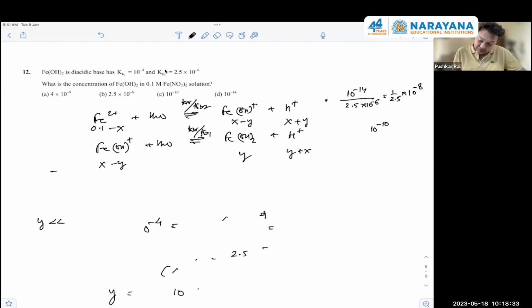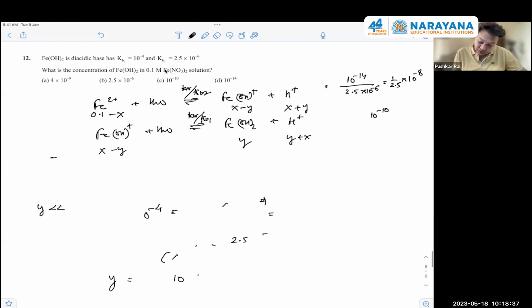So the first equilibrium is very small. X minus y can be taken as x; x is very, very small, and y is going to be smaller than x. So by these assumptions, we can get x is very, very much less than 0.1 and y is very, very much less than x. Take these two approximations.